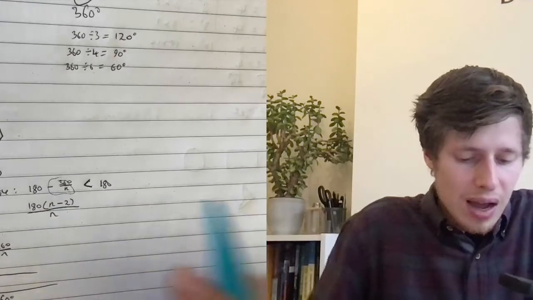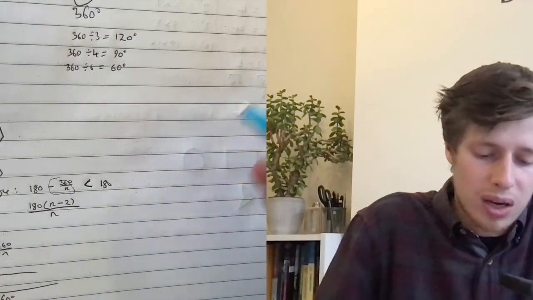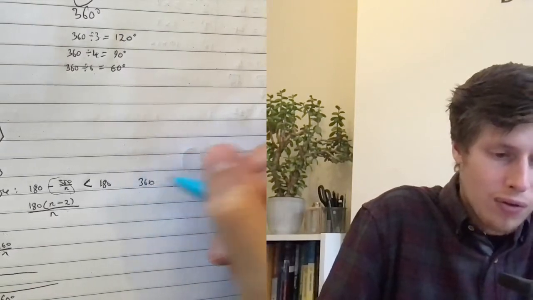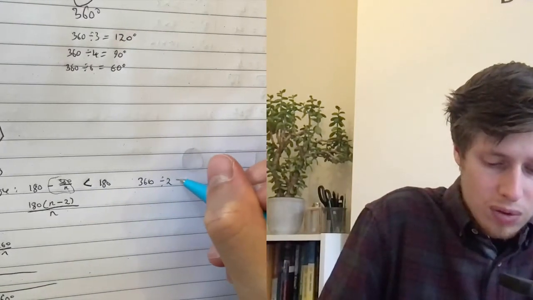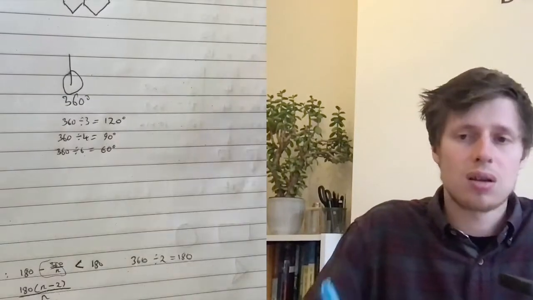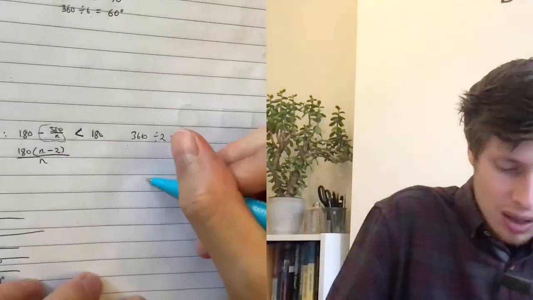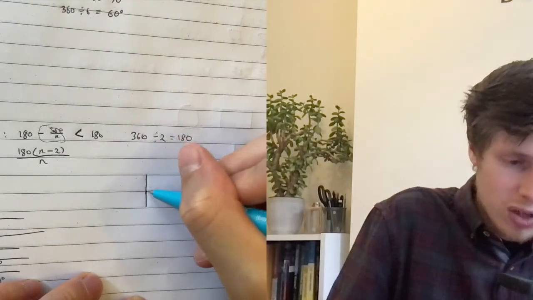Okay, now this is the idea. The interior angle is never going to be as big as 180, so it can never be half of 360, which means we can never get a shape that tiles in 2 different shapes.